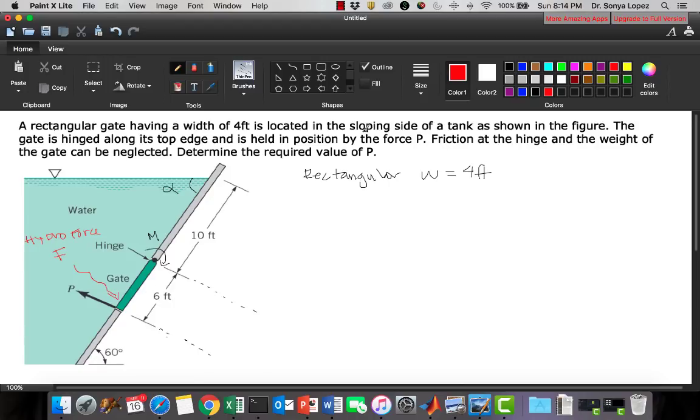But there is some force at the bottom of the gate that's causing the gate to not open. The beauty of hydrostatics is that it is not moving. So this is the force. So P is the anchoring force, so the gate stays closed.